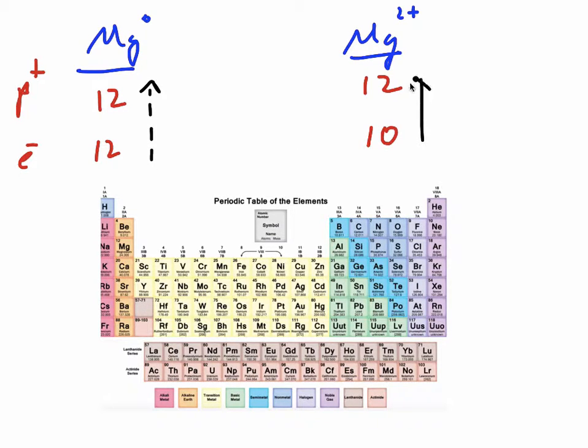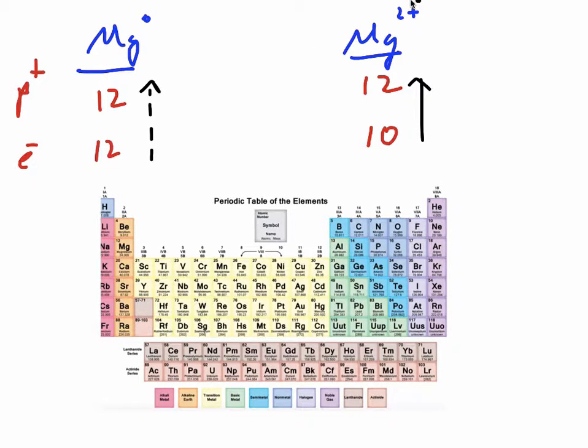Let's look at why. 12 protons pulling on 12 electrons. That was the higher ionization energy case before, but we were comparing it to a situation in which those 17 protons in chlorine were pulling on even more electrons. Here, when we're comparing these, 12 protons have a harder time pulling on those 12 electrons than these 12 protons pulling on those 10 electrons.